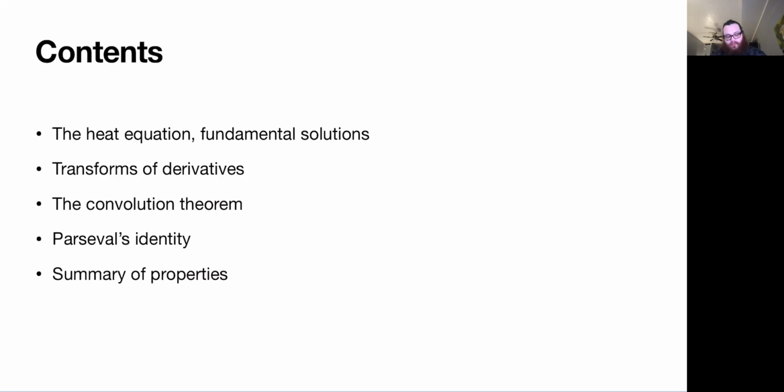One consequence of the convolution theorem is Parseval's identity, which shows up in some signal processing areas. So we'll mention this. And then finally, we'll give a brief summary of all of the properties and how we're working with these things.